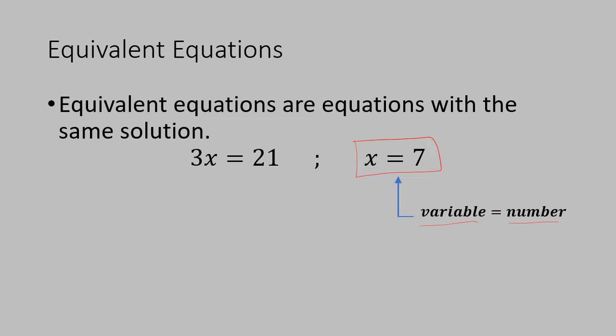And the goal for algebra is to take an equation and get it into an equivalent equation that has this form of a variable equals a number. Because what we've done here is we've solved for x. We've said that x is equal to 7. If we plug that 7 back in here, look, it's true. So this is the goal.